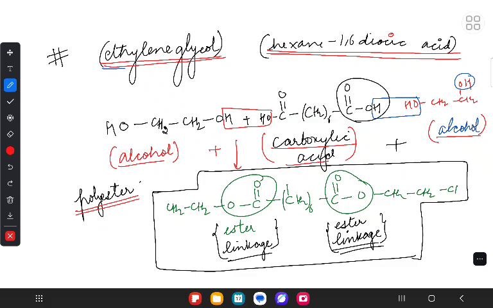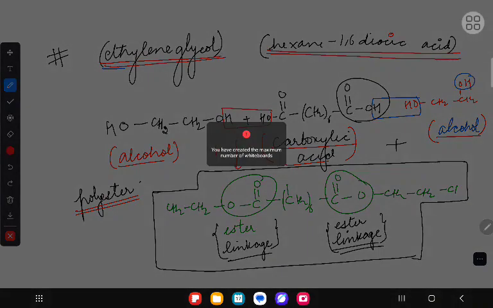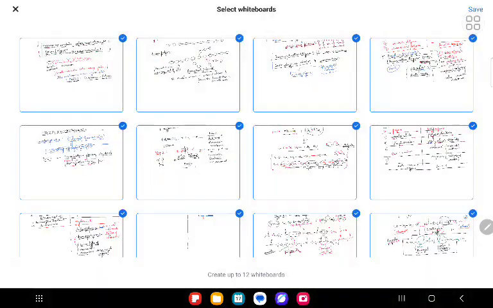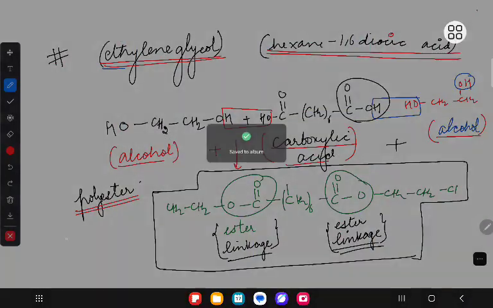So thereby, how do we classify the esters now? So we classify the esters as homopolymers. So what kind of polymers come in the category of homopolymers?